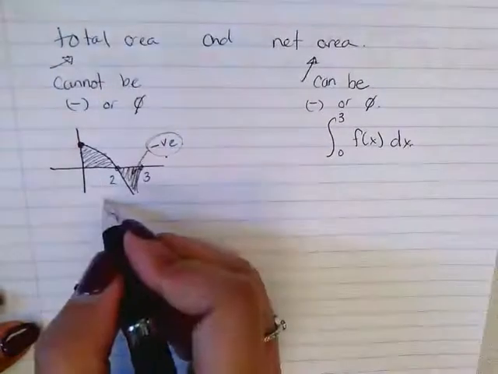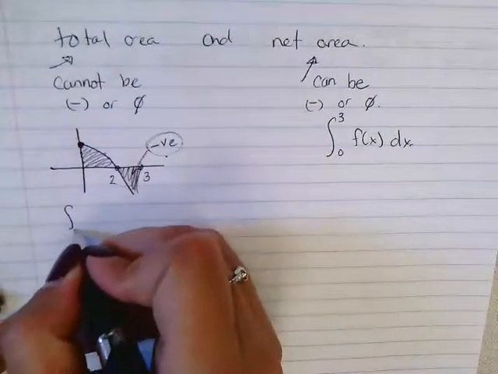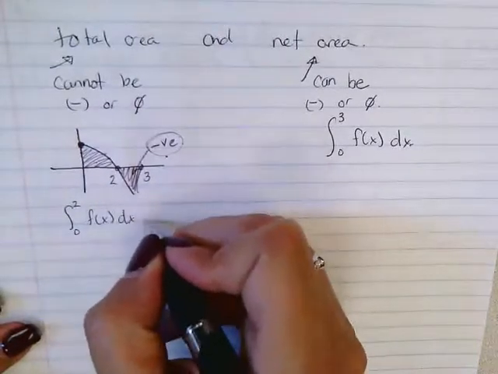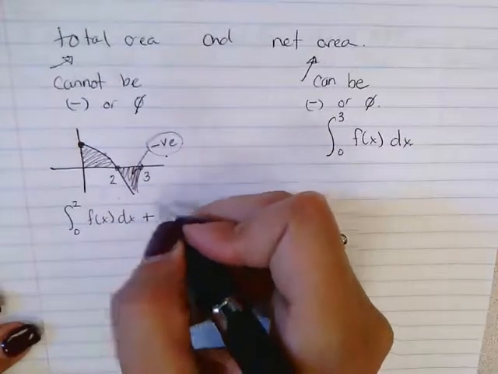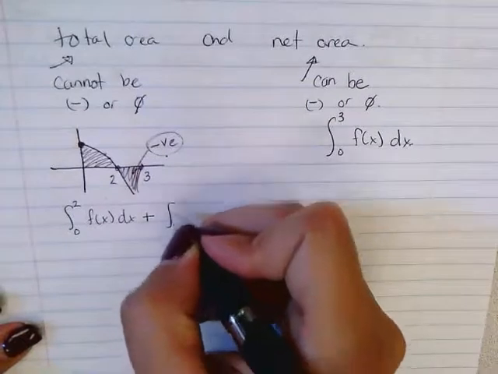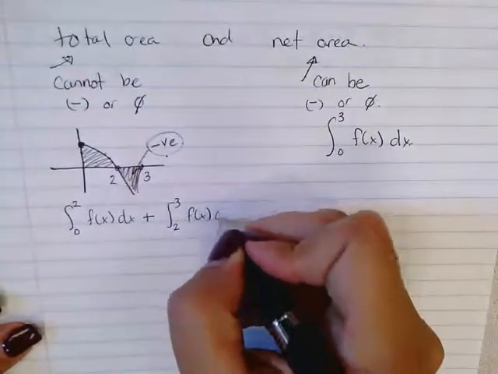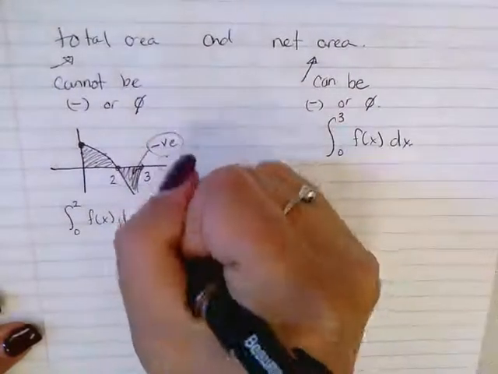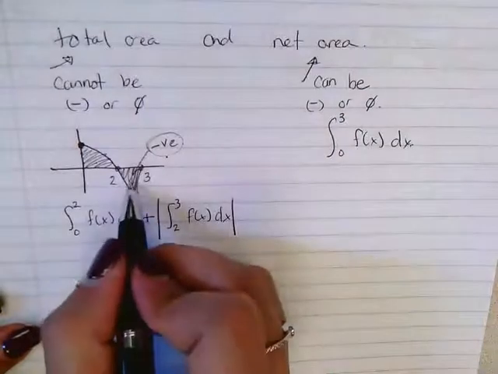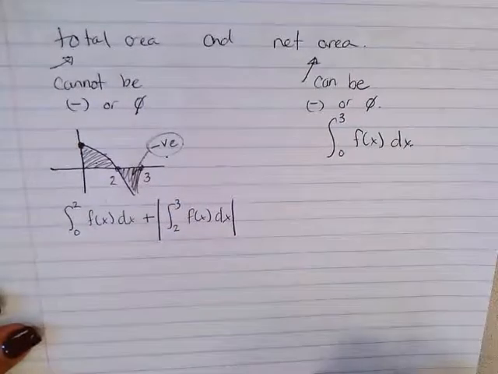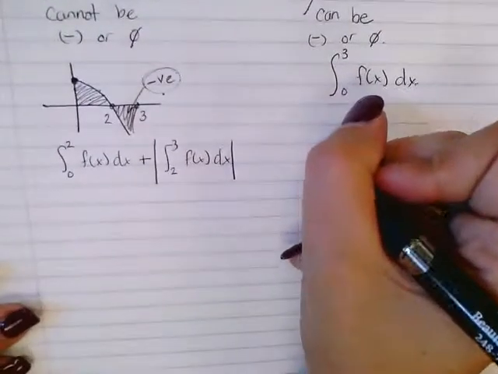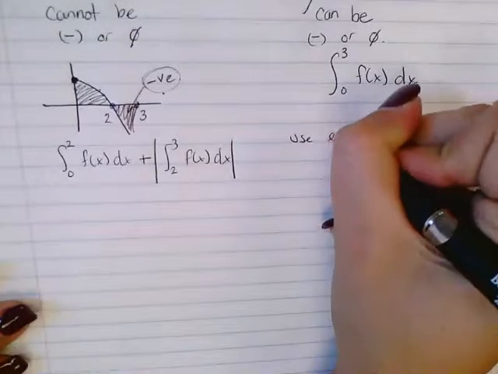But for the total area, you're going to have to split this up and say it's 0 to 2 of f of x dx plus this little part, which is the integral of 2 to 3 of f of x dx, but you have to make sure that you take the absolute value. And the reason we're taking the absolute value of this part is because it is negative. Okay, so use the example from the notes.